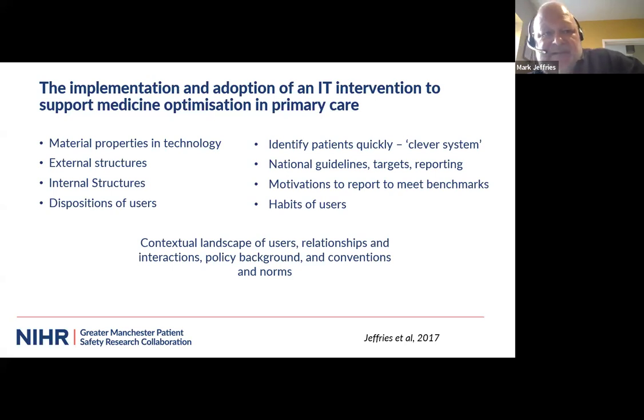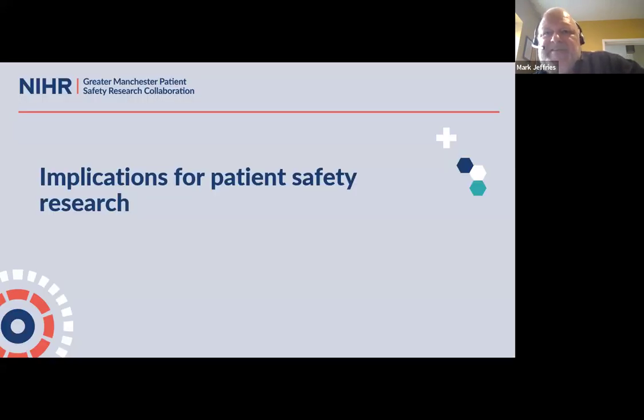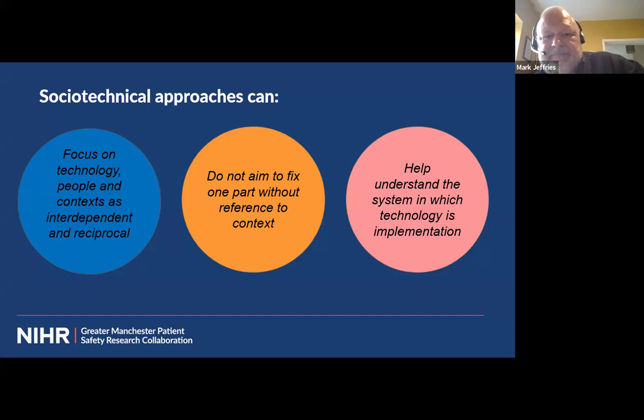Let's move to the next slide, please. So, implications for patient safety research: what does this all mean? I think there are broad things I'm going to talk about here. Next slide, please. So that's just cutting back. We've had this slide before, but I wanted to put it in here again to re-emphasize this focus upon everything as interdependent and reciprocal.